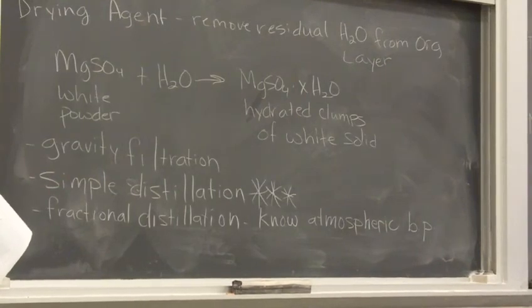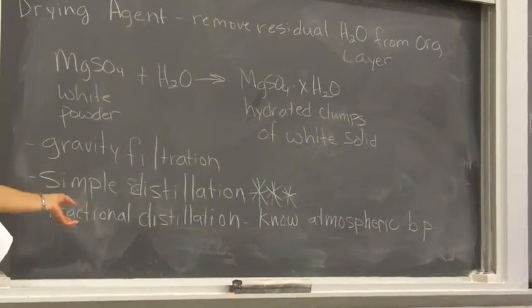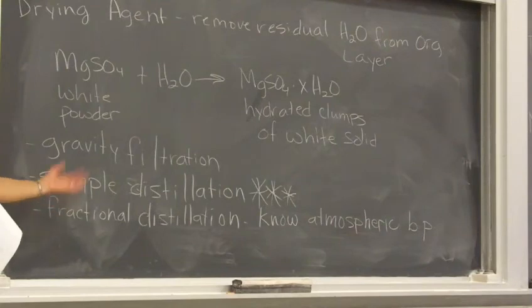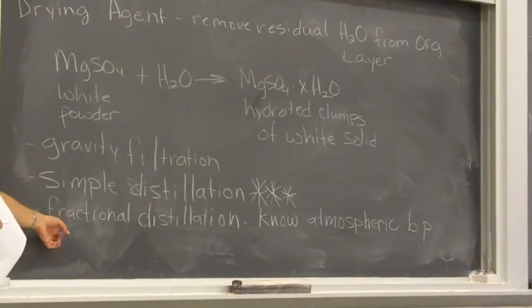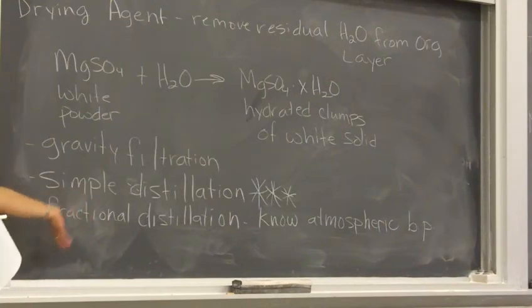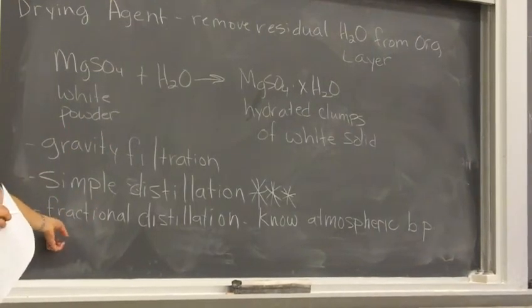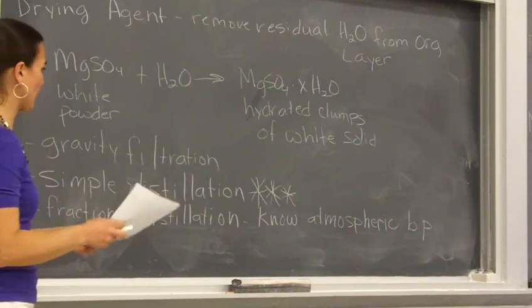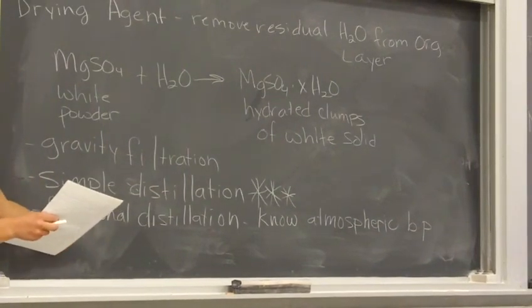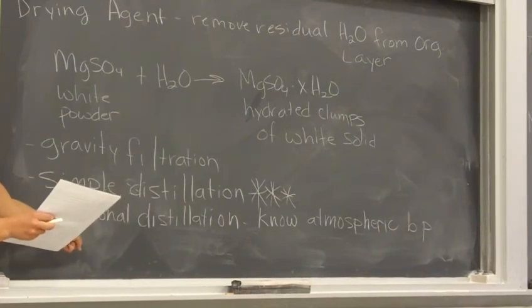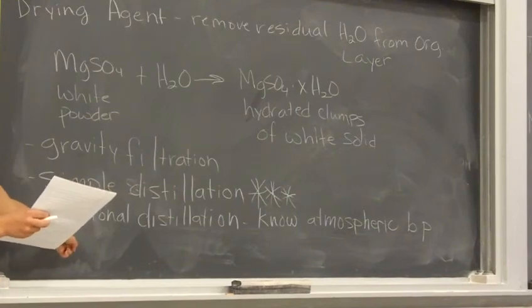So if you find a boiling point less than 100, you've got one that is under vacuum and you need to correct for it to be at atmospheric pressure, okay? So make sure you know that boiling point, and like I said, it's going to be above 100, not below 100, okay? So when you're looking up your physical data table, make sure you get that correct number. And I think it was last year, Chem Spider was not giving correct information, so don't use that one to figure it out.